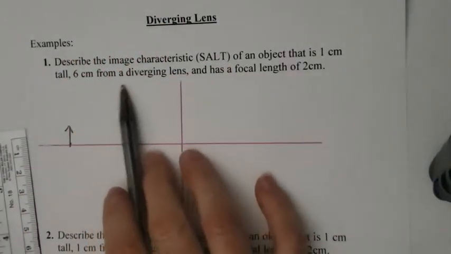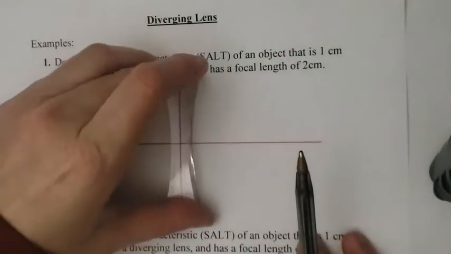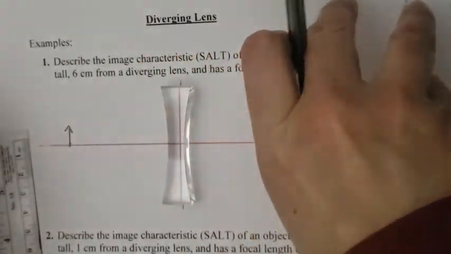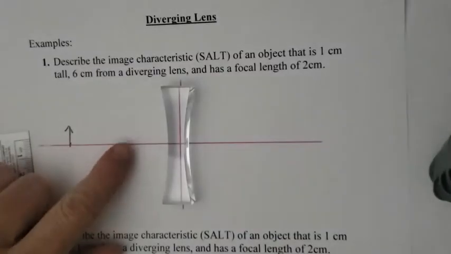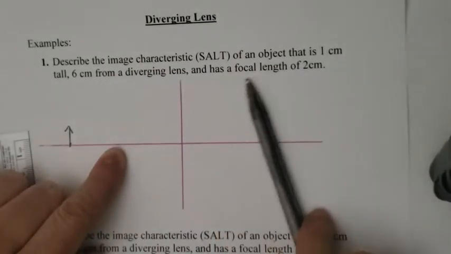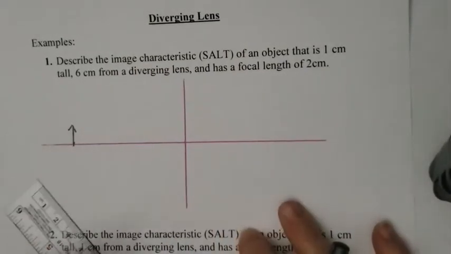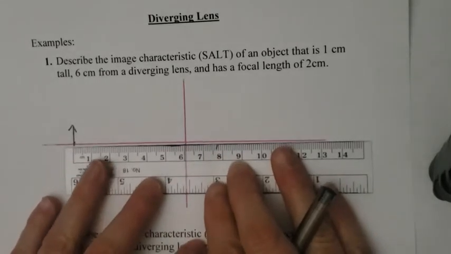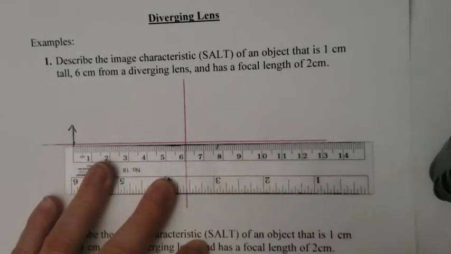Next it says diverging. Well, in a diverging lens, what happens is it all spreads out on this side, so if I extended them this way, my primary focus is going to be on the left side. So when it says has a focal length of 2 centimeters, just pick a random number, count 2 centimeters over.